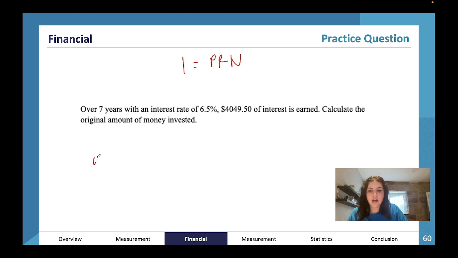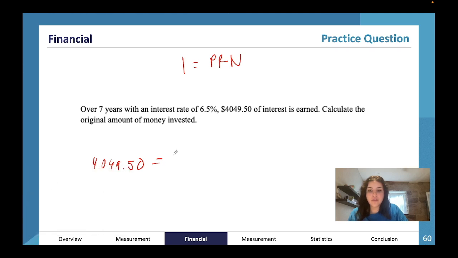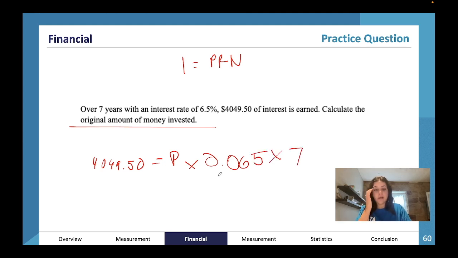We now have the I, $4,049.50 equals principal times R times N. We're looking for the principal. We know that the rate was 0.065, and we know that it was over 7 years. So how are we going to do this? We're going to change the subject of our formula.